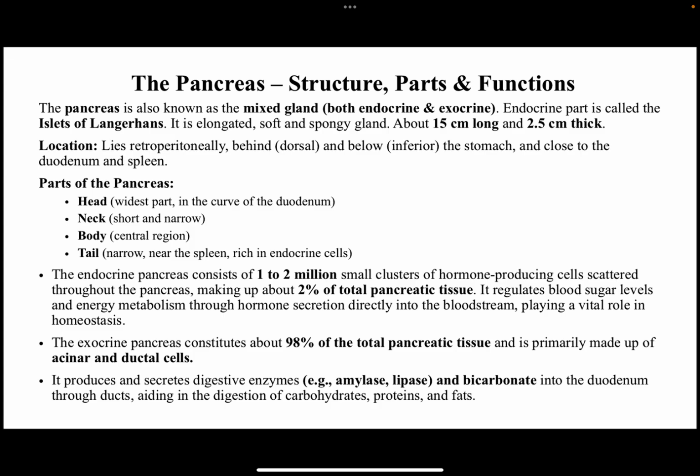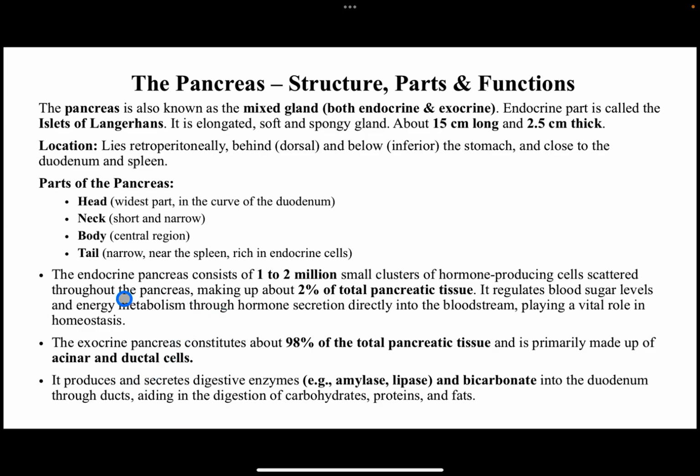And the exocrine pancreas, on the other hand, forms about 98% of the total pancreatic tissue, and it is primarily made up of the acinar and the ductal cells. Good. Now, the exocrine pancreas produces and secretes digestive enzymes, the amylase, the lipase, and bicarbonate into the duodenum through ducts, and that aids in digestion of carbohydrates, proteins, and then fat.